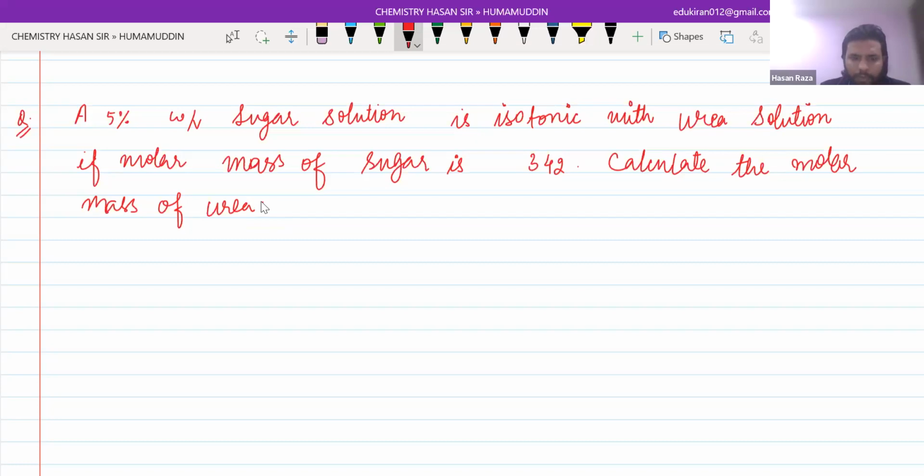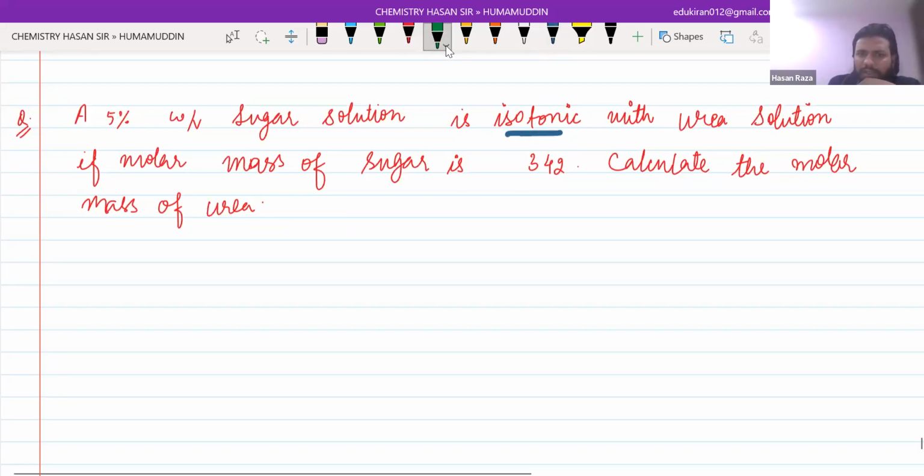Now, if you will not be able to solve it, just let me know. See, Austin, it's very easy if you know what this isotonic means.